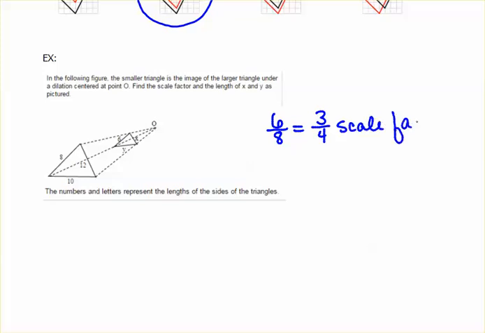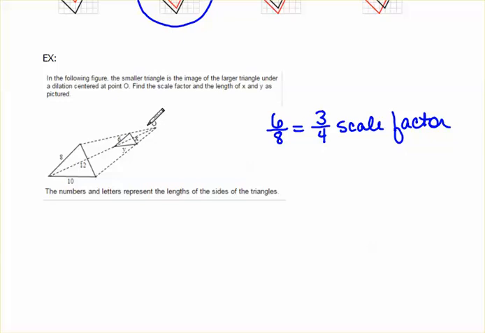That's our scale factor. And you'll know that you're right because it's less than 1. If we had done it backwards and we had put 8 over 6, then that would be a scale factor of 4/3. That would be blowing it up, not reducing it down. So that would have been incorrect. Once we know what our scale factor is, we can now find side x and side y because we know what proportion these sides have to be in.